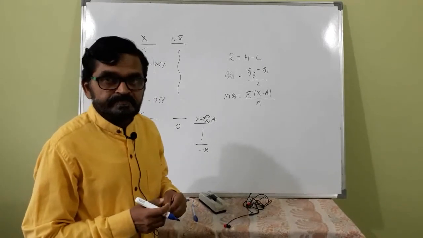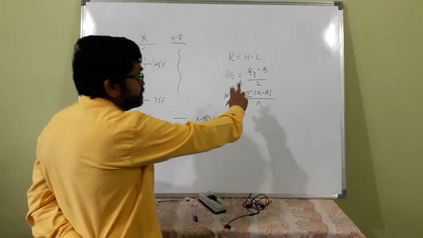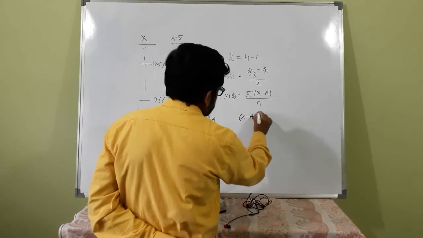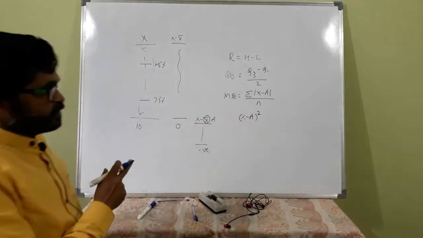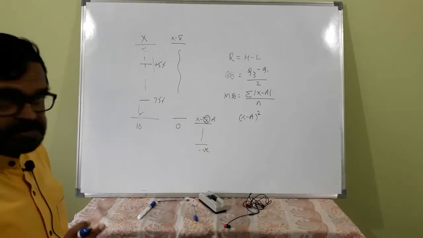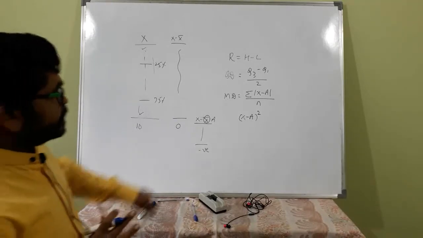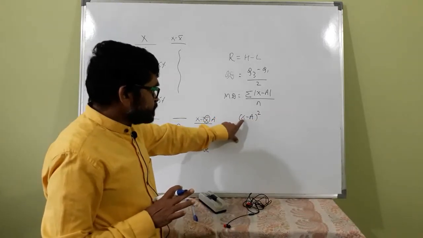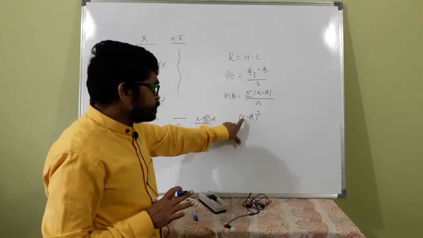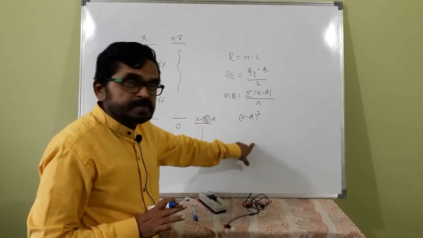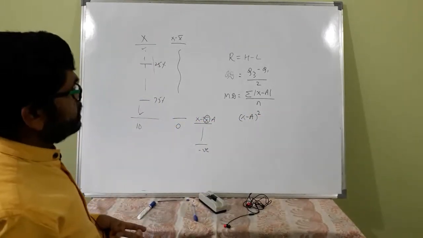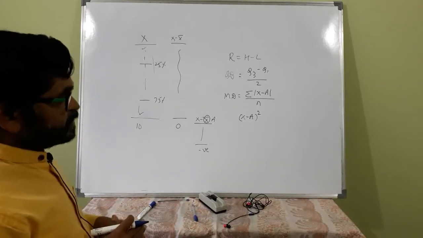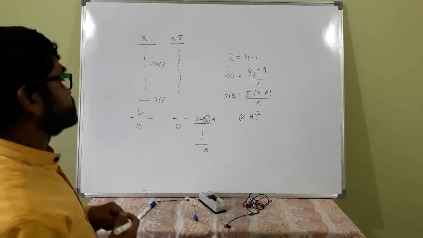Our intention is that it should be non-negative. Is there any other method to find a non-negative deviation value? Another way is by taking the square. If you take (x minus a) whole square, that will always be positive, isn't it? Suppose x is greater than a, obviously this is positive. Suppose x is less than a, this will be negative, but the square of a negative is positive. So another way of getting a non-negative value is by taking the square of the deviations.